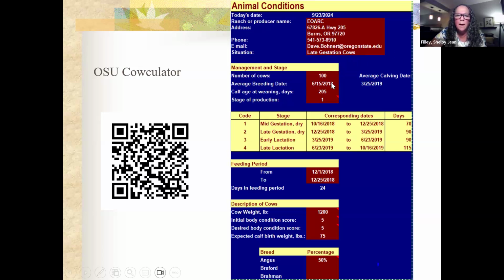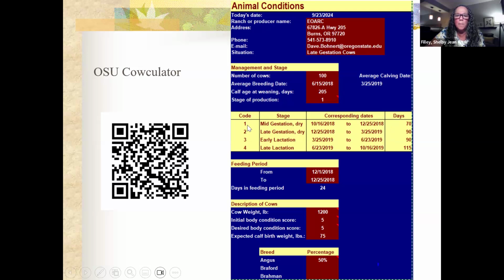or 2024, yeah. And then calf age at weaning, we're going to have a 205 average weaning date for the calves. And the stage of production is going to be 1. 1 is mid-gestation. So these dates will change for you when you put the right date here.